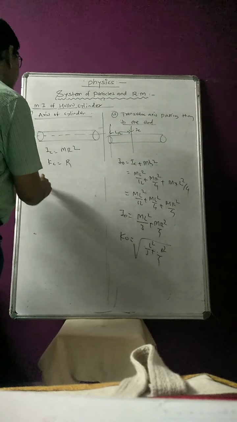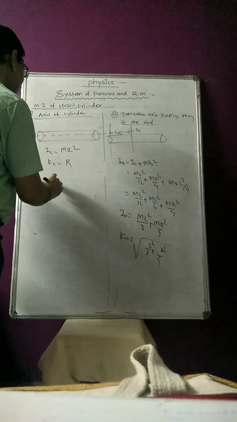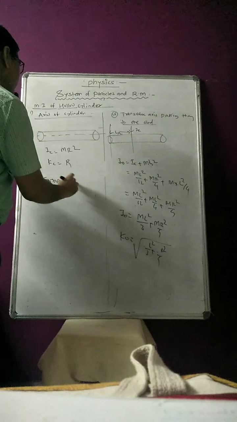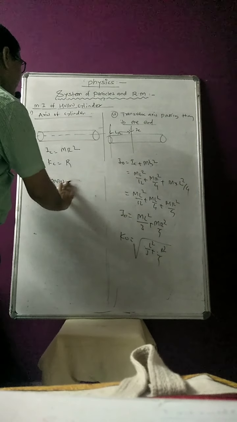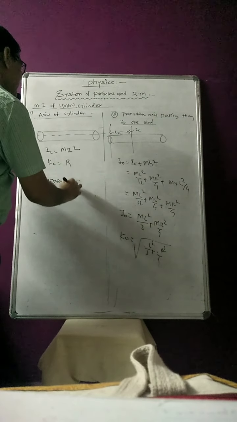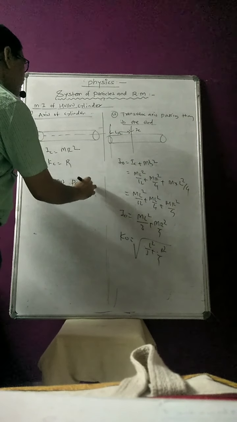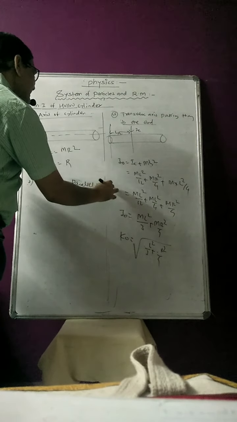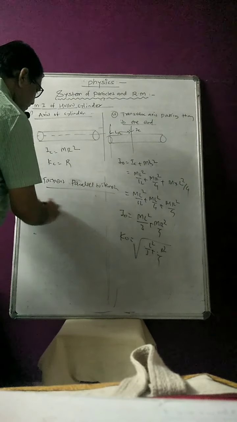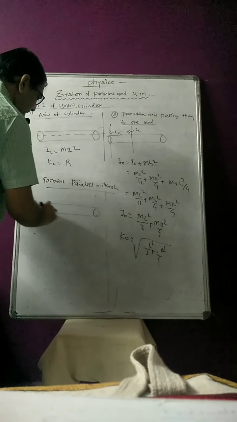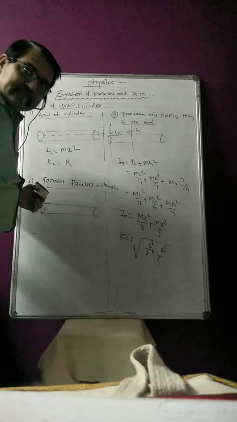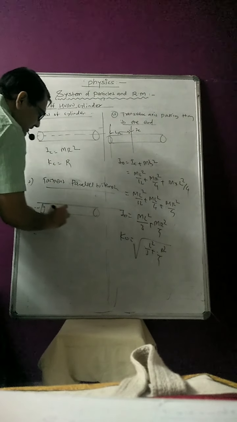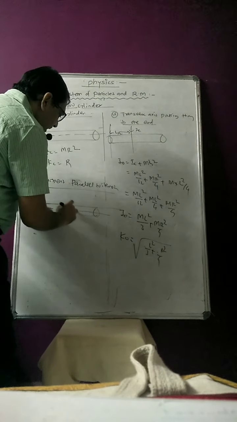And in the second case, if I want to find out the tangent parallel to its plane, parallel to its length we can consider, what will be its answer? This is the cylinder, and if this is the length, this is the axis, and here this is r.